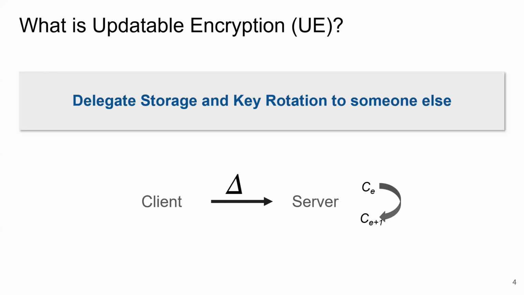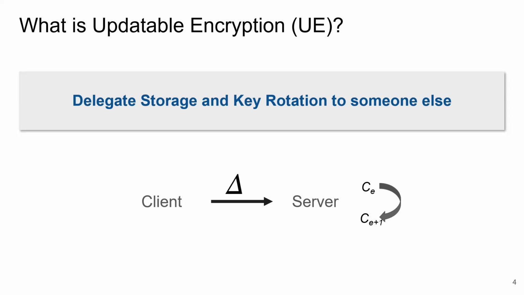So on the other side of this, what's updatable encryption? Well, it's a symmetric key notion. Again, it's going to allow you to update ciphertext without revealing the plaintext, but it's more suited for situations like outsourced storage. So I encrypt all my data, I outsource it to the cloud where it's going to be stored. I don't want to have to download that, decrypt it, encrypt it again, and upload it again to the cloud, because that's a big cost on communication and time.